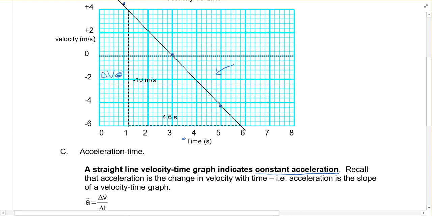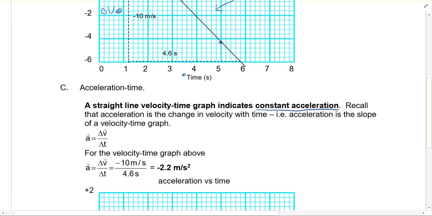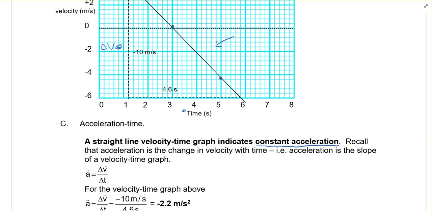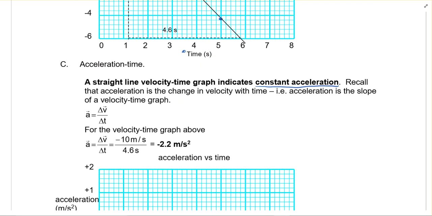Well, a change in velocity over time, that's acceleration. So if we figure out the slope of our line, then that is our acceleration. So acceleration is equal to change in velocity over change in time. So if you do that, just find your slope.